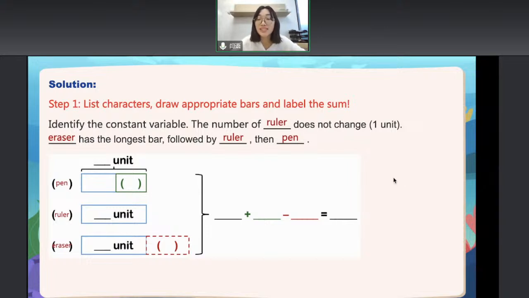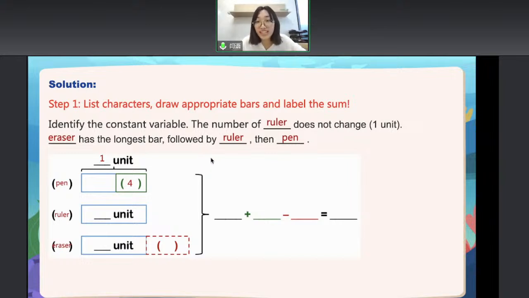What about the number of pens? For pen, actually, after 4 pens were added, then we have 1 unit, right? So actually for the pen part, you need to divide it into 2 parts. One part is the original number of pens, and then we have extra 4. What about a ruler?